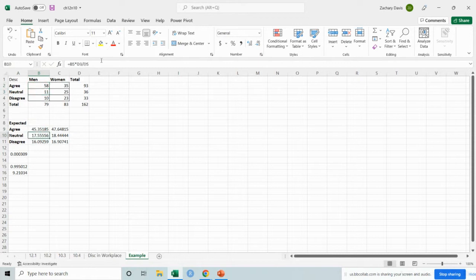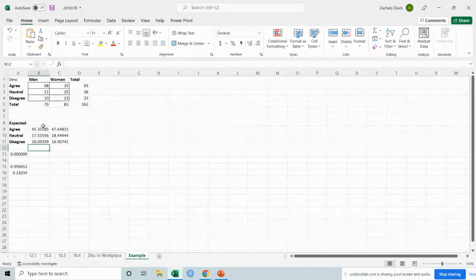The same thing for the neutral: we take the total value for men, multiply it by our neutral row, and divide by the total, and that's how we get that value. And same thing here: multiply our total times our total that disagree, and divide by our total sample size. So that will give us our expected matrix, and this is our observed matrix.